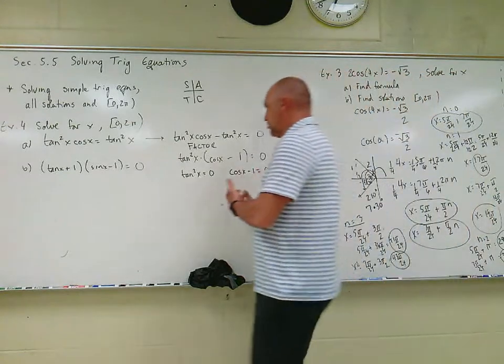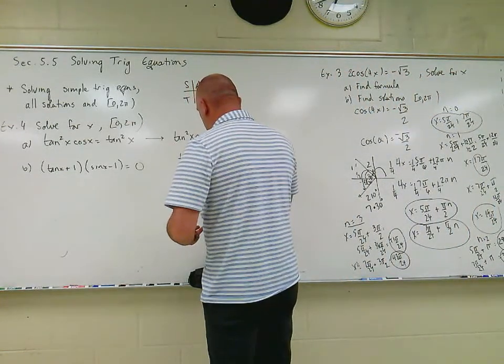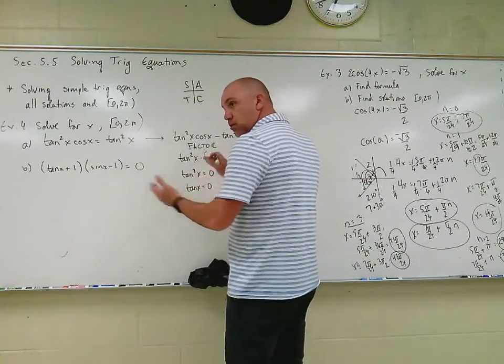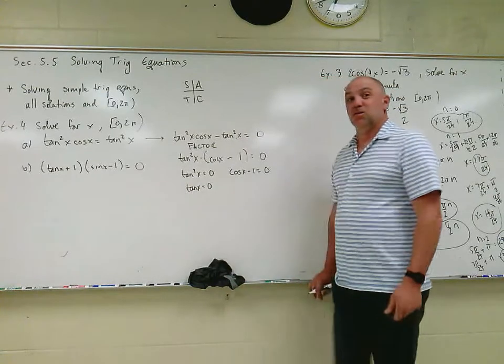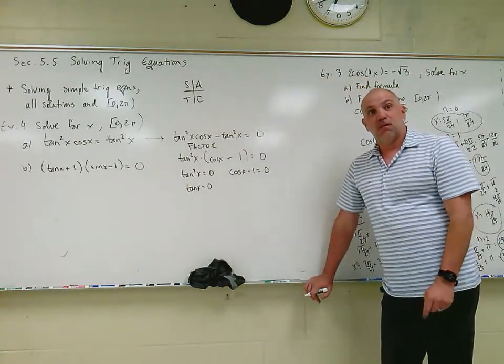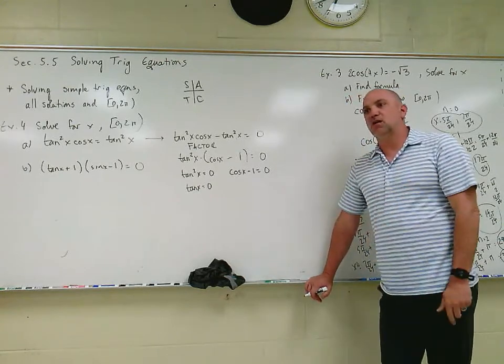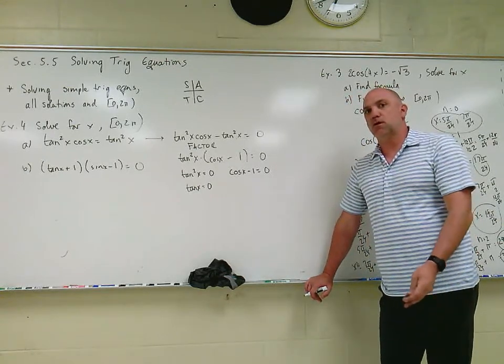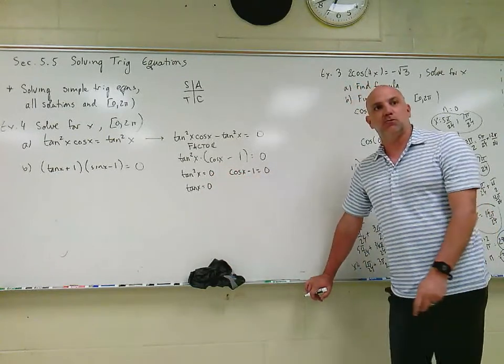Tangent squared is 0, so even if I do square root, I still get tangent x must equal 0. I would encourage you just to use square root. So how do we solve this? Now we gotta think. Anytime you get 0, 1, or -1, especially on sines and cosines, you can't use triangles anymore. There's no triangle with a ratio of 0. What do you gotta use?